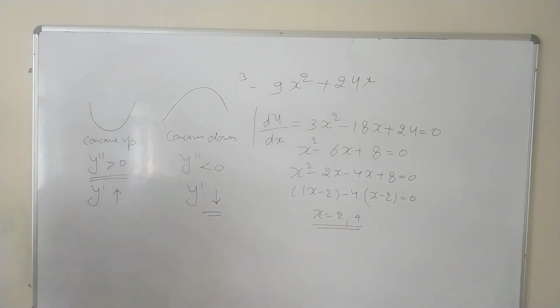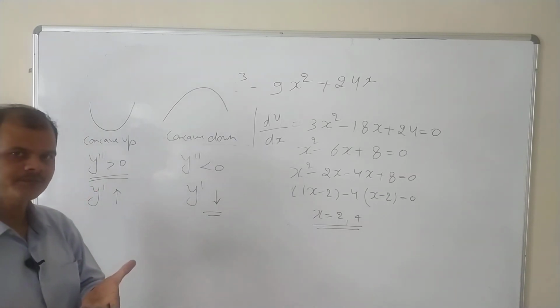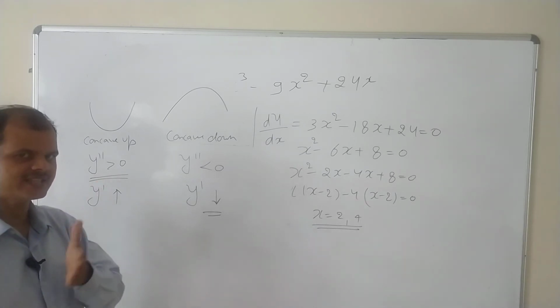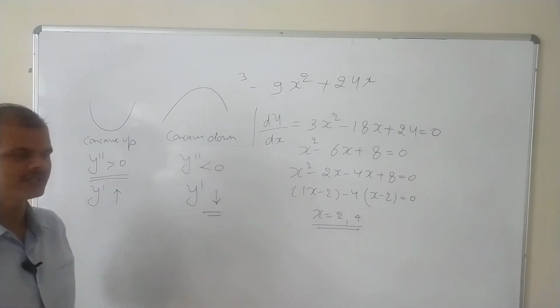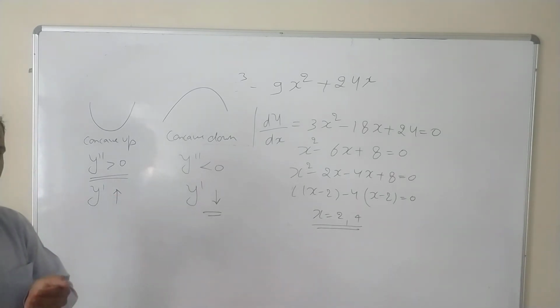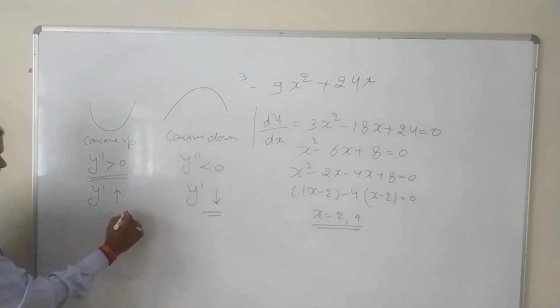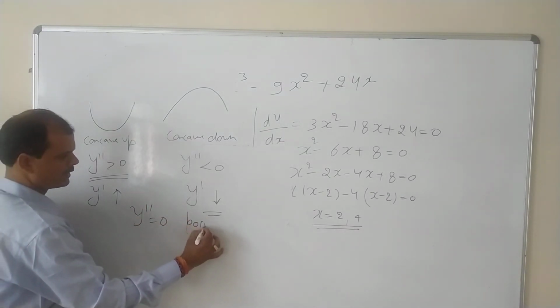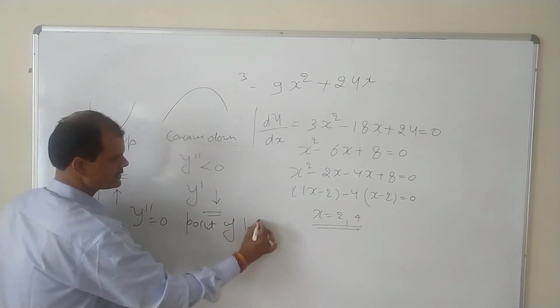Now, when this concavity changes, see, for increasing and decreasing we know the critical point was the point at which that nature changed from increasing to decreasing or decreasing to increasing. But what about here? If the second derivative is 0, that is called the point of inflection. y'' is 0, so that is called the point of inflection.